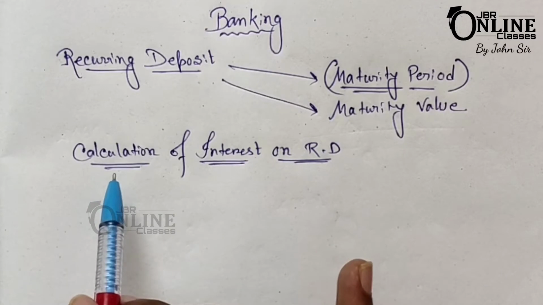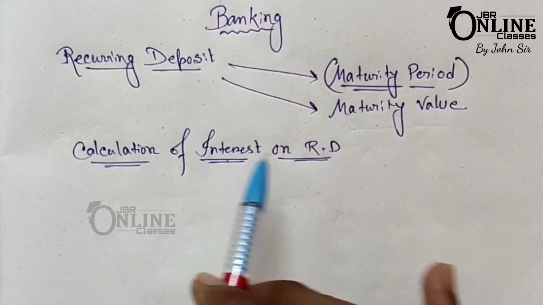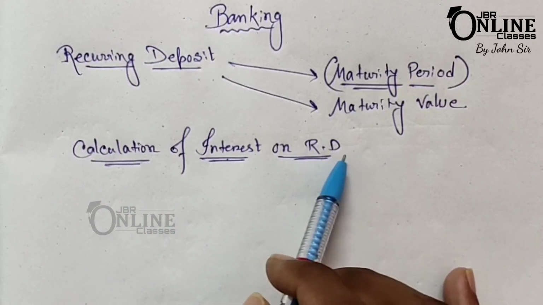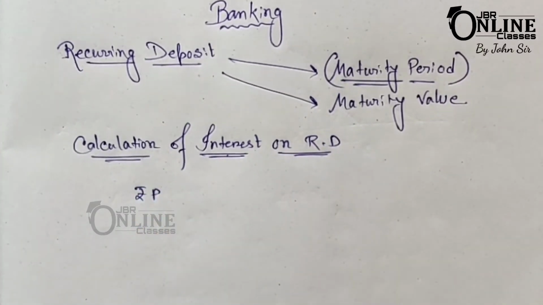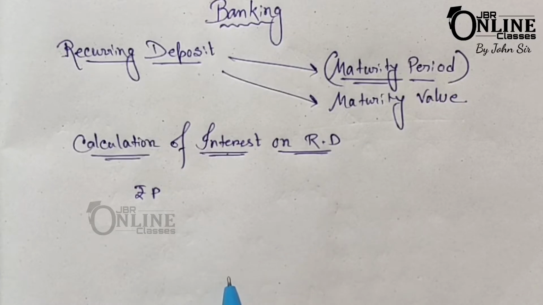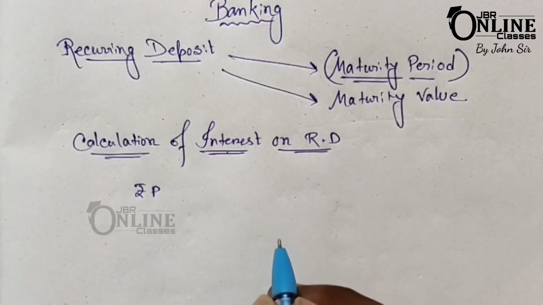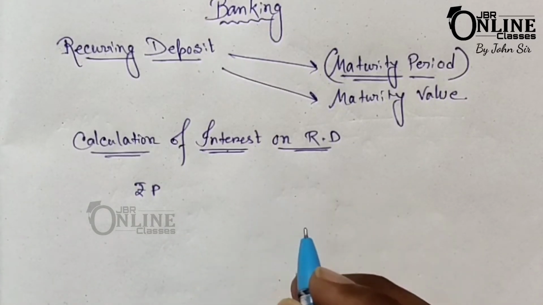So now how to find out the interest of the recurring deposit or RD. Suppose rupees P per month is deposited each month for n months at R% per annum.